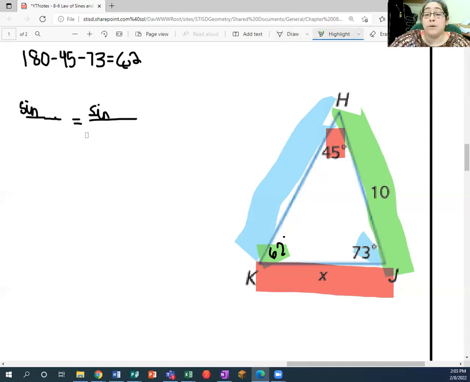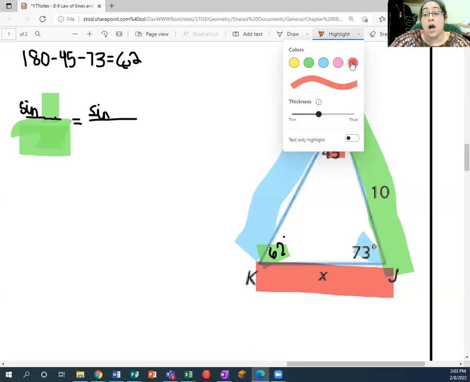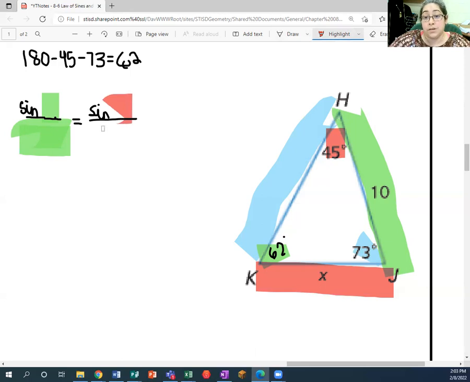The top is always going to have the sine and the angle information. The denominator is always going to have the side opposite the angle that I listed in the numerator of the fraction. All right, so the green angle's measure is 62, and the side across from this one is 10.